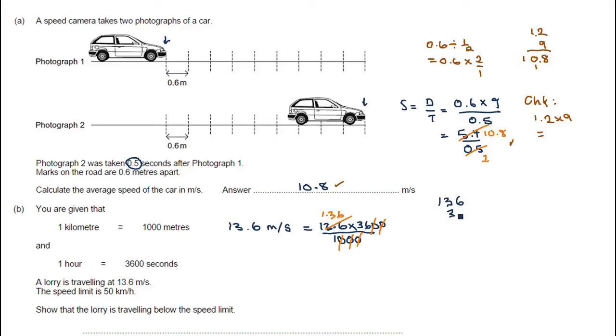I've got 136 times 36, and since we're practicing the crisscross method, let's have a go at that. So 6 times 6 is 36, carry the 3. 3 times 6 is 18, and 3 times 6 is 18, so 2 18s are 36, plus the 3, 39, so carry 3 again.